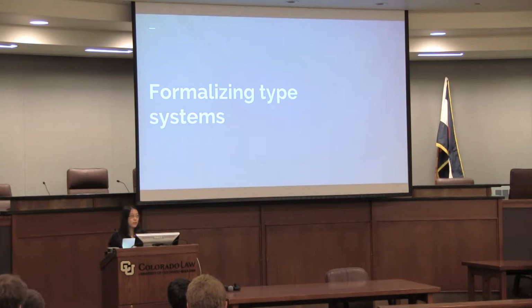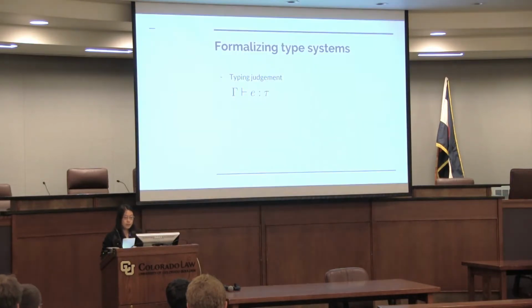So now I'll be covering how you actually give a spec for what your type system is allowing and not allowing. Type systems are formalized using building blocks called typing judgments. And they come in this format. You have a context gamma, which you can think of as a mapping from variables to types. And then you have this sideways T symbol, which is the entails symbol.